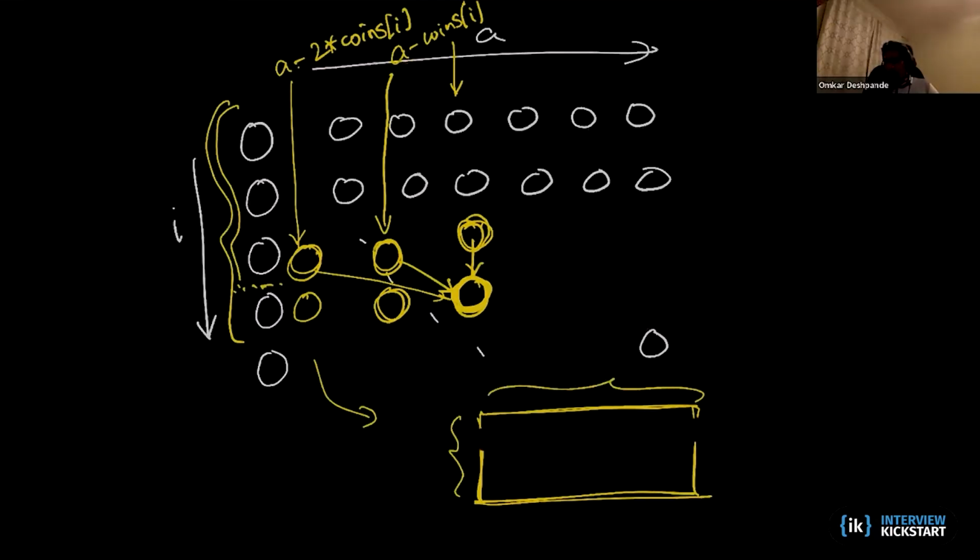And if I were to fill in this table in any topological sort order, I would reach any particular cell only after all the subproblems it depends on have been computed. And I use them to find the value here. So that's the culmination of this thought process.